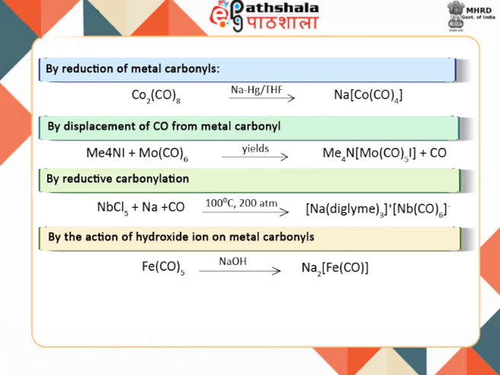In the last reaction, when niobium pentachloride or tantalum pentachloride dissolved in diglyme solvent is treated with sodium metal in the presence of carbon monoxide gas at high temperature and pressure, the corresponding metal carbonylate complex is formed.